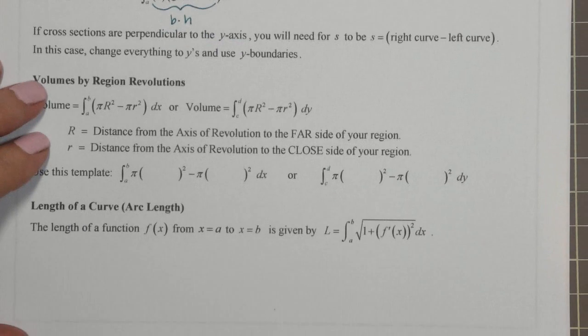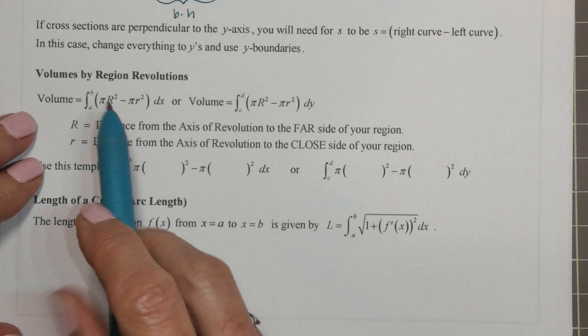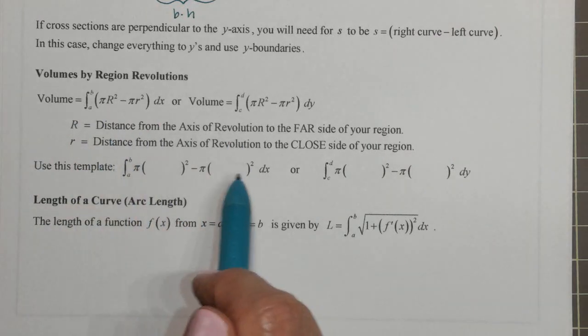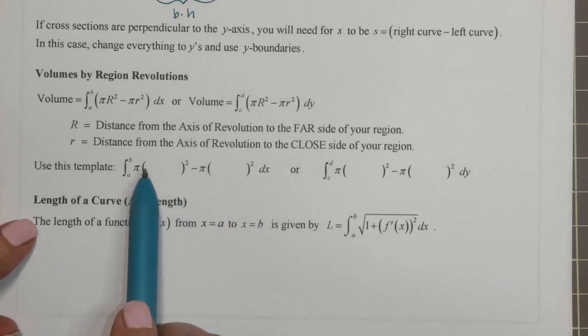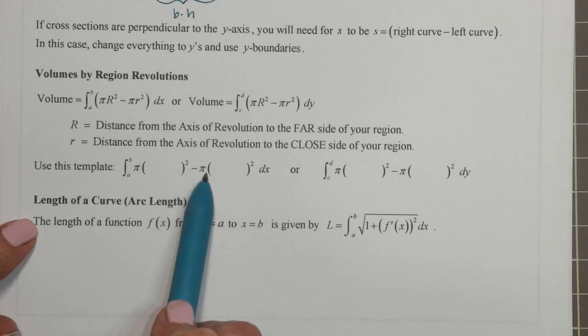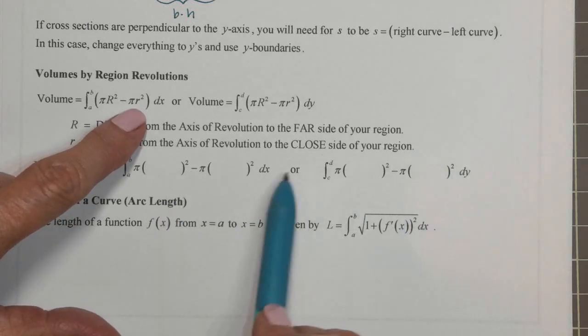If you have a solid that is formed by revolving a region around some sort of axis or some line, then you're going to set up a template. The easiest way I can think of to tell you this is it's a template: pi big R squared minus pi little r squared, either dx or dy.